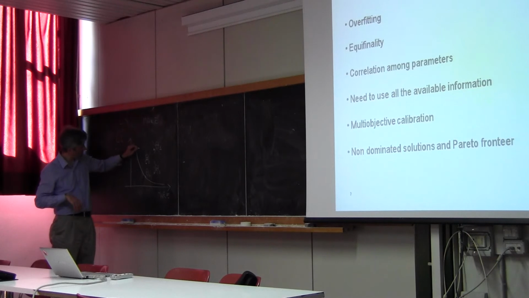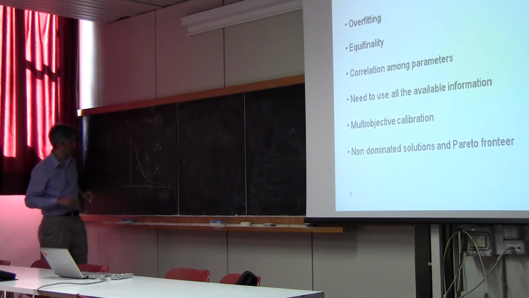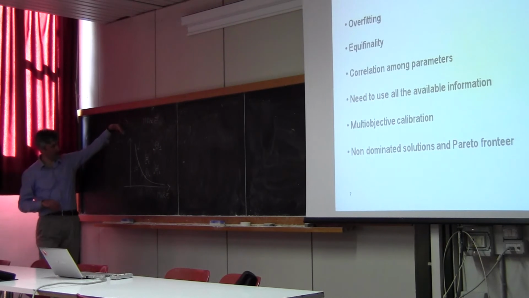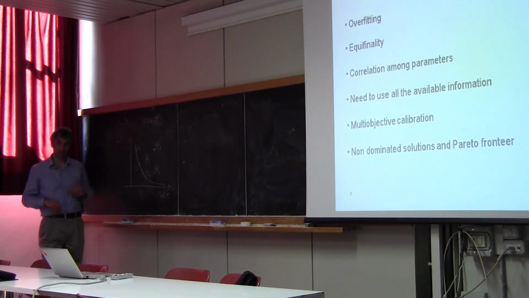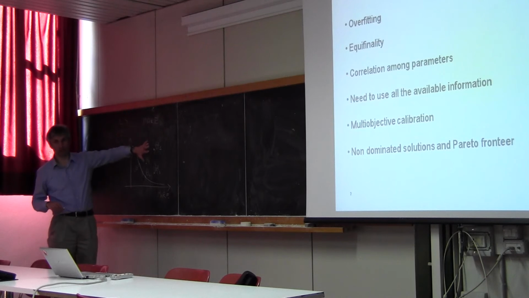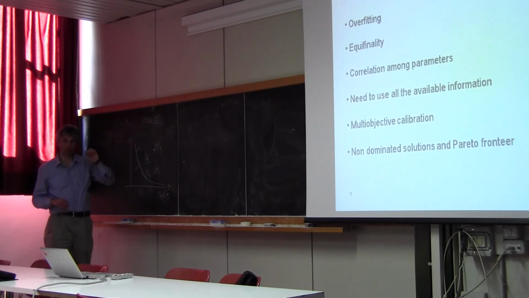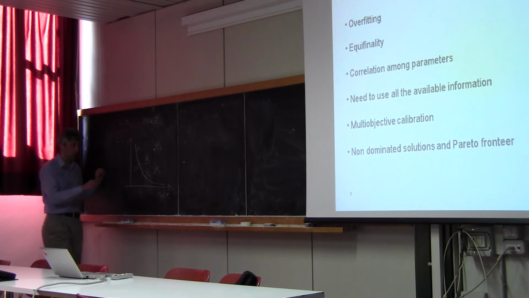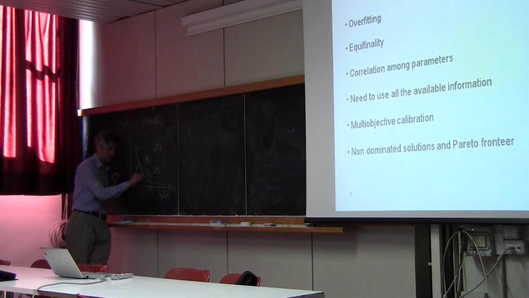And we may have here different parameter vectors, theta 1, theta 2 prime, etc. And typically it's a curve that has this kind of shape because, you know, there is a region where we can find only dominated solutions, but if we look at the non-dominated solutions, where non-dominated means that each one of these solutions has a value of at least one objective function that is the best one.